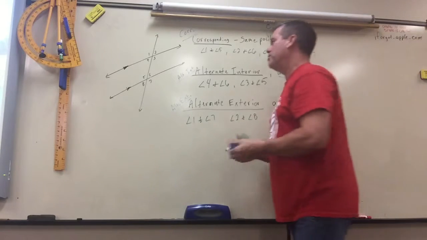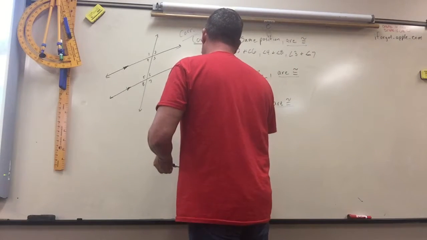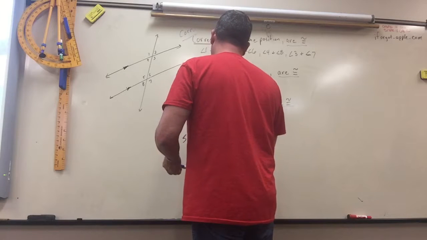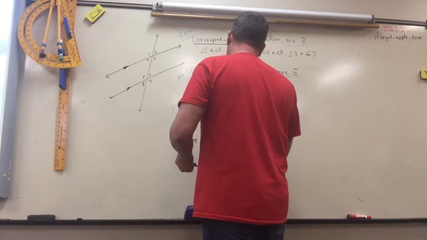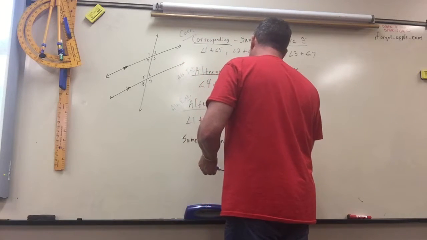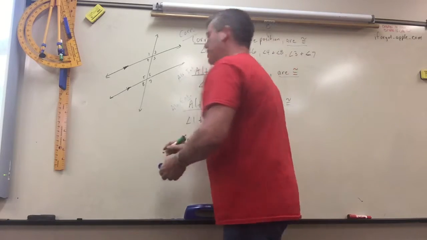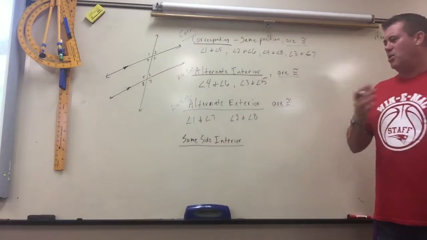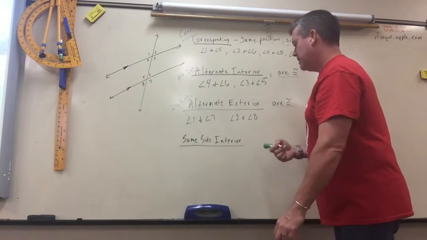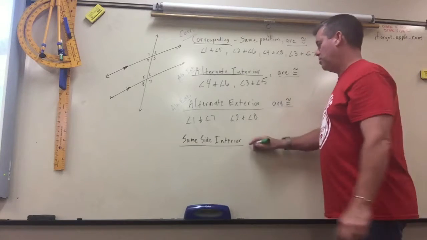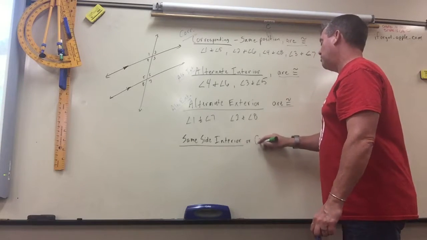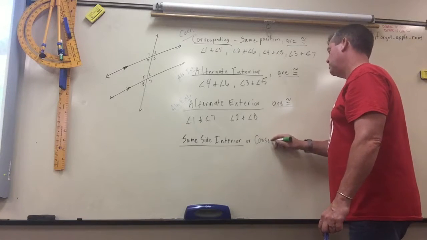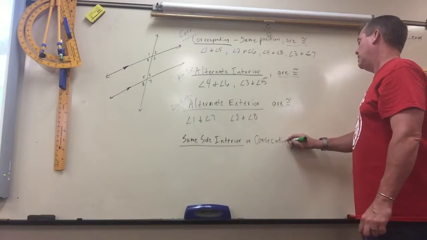The 4th type are called same side interior. Now in this book, they're called 2 different things. I think most of the time they call them consecutive interior.